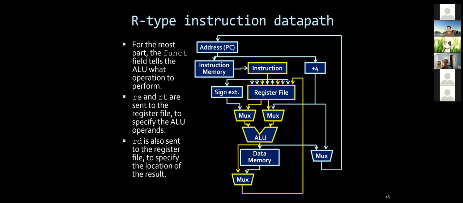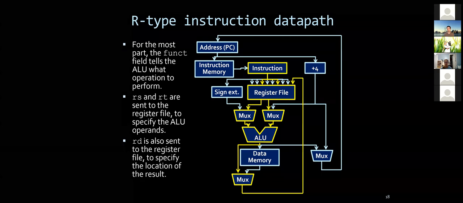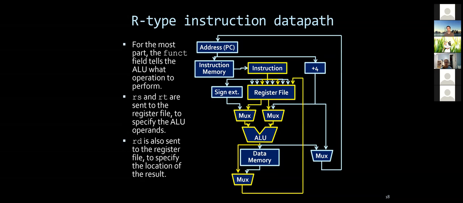Okay, so let's look at the data path of the instruction. Remember there was the simplified data path overall that I showed you. Now I want to show you, using a yellow color, how each particular data path is invoked at different periods of time. For the R-type data path, for the most part, the function field tells the ALU what operation to perform. The registers RS and RT are sent to the register file.